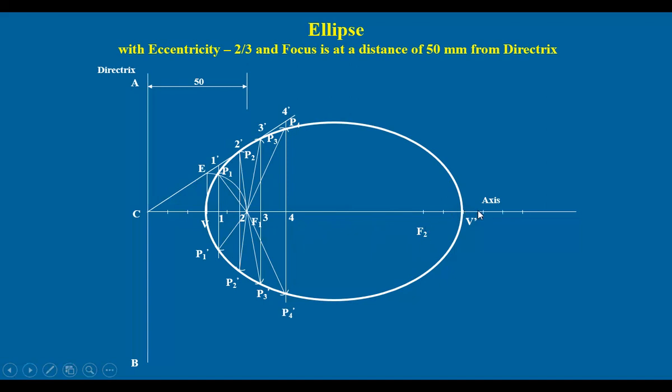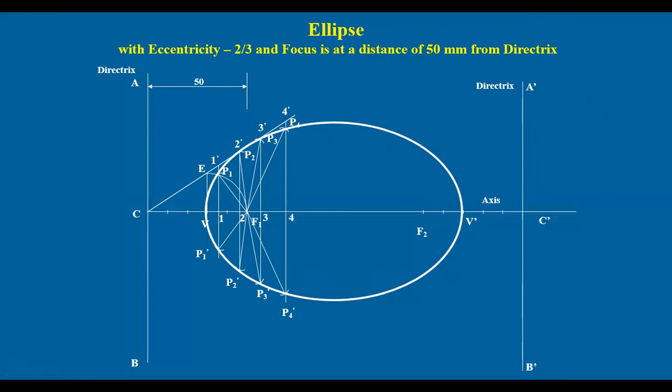And if you mark 3 points on the right side, you get another point C dash corresponding to this C. And corresponding to this directrix, you get another line here, A dash and B dash. So this is on the right side. But this is not important. You need not even draw it on the drawing sheet. The curve is important. Once you complete this curve, that will be sufficient, and name the curve as ellipse.